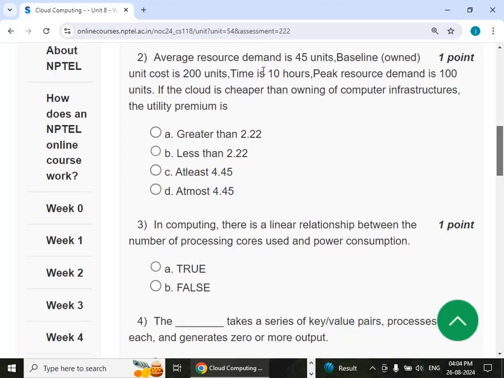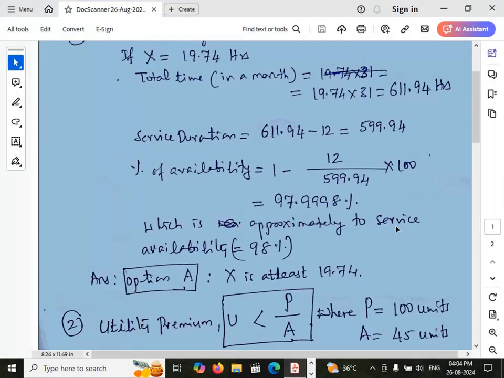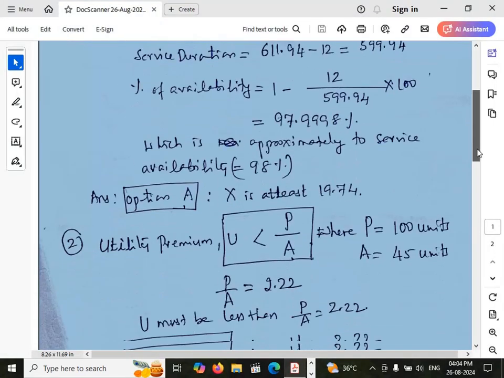Average resource demand is 45 units, baseline unit is 200 units, time is 10 hours, peak resource demand P is 100 units. If the cloud is cheaper than owning of computer infrastructure, the utility premium U, that we'll see now. So second question, utility premium.